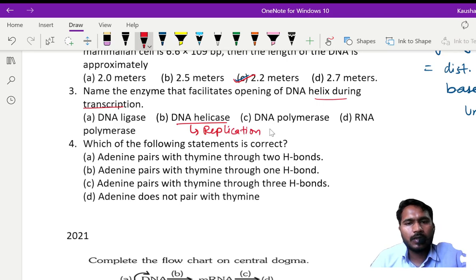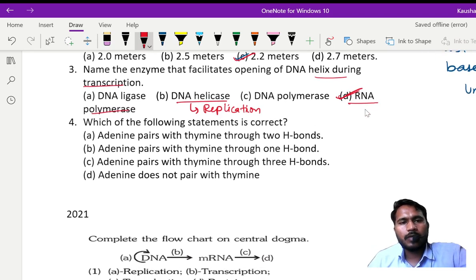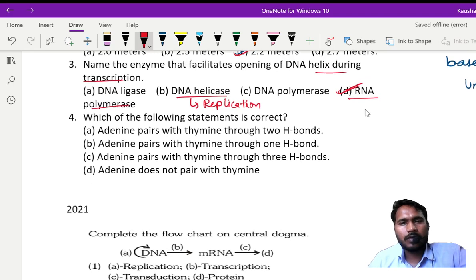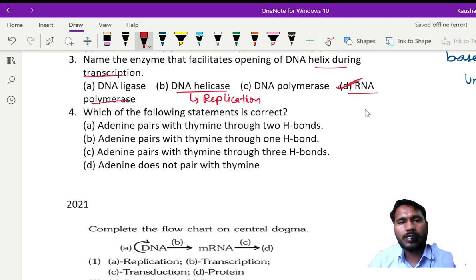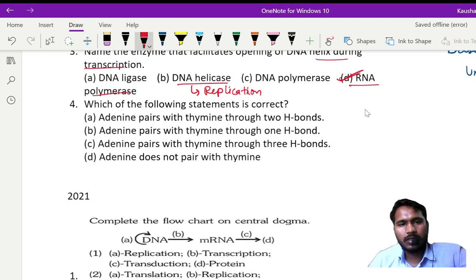Ligase is for sticking, for forming the phosphodiester bond between two nucleotides, and DNA polymerase is for polynucleotide elongation. The answer should be RNA polymerase. It is a single independent RNA polymerase which opens the DNA and carries out elongation and then termination. It doesn't require several units.